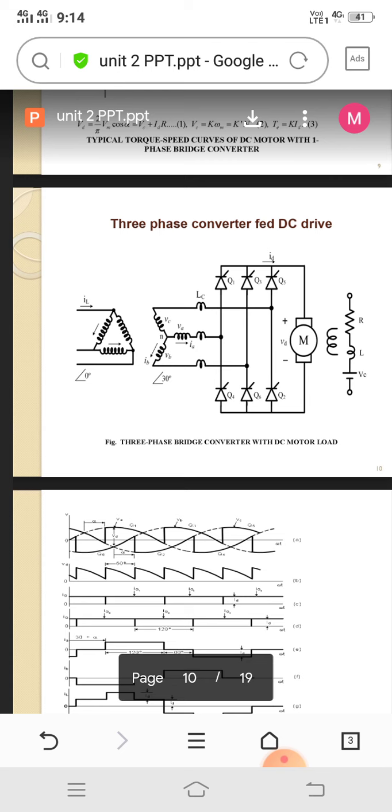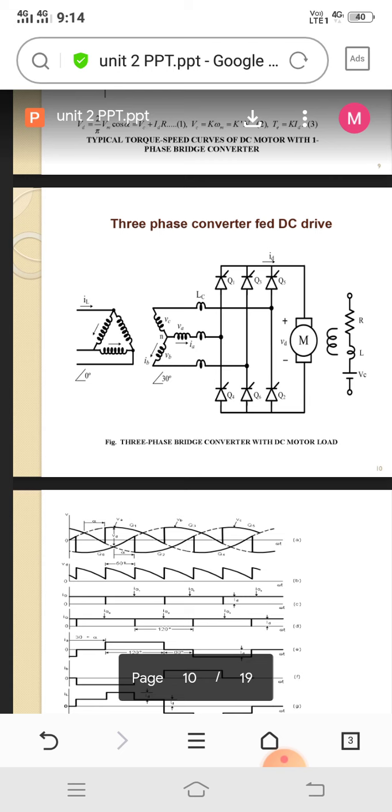This switching sequence says that at a time each lead activates one SCR. Each lead, meaning each phase, activates one SCR, whether it is positive or negative, don't mind that. But each lead has one on at a time in the switching sequence.